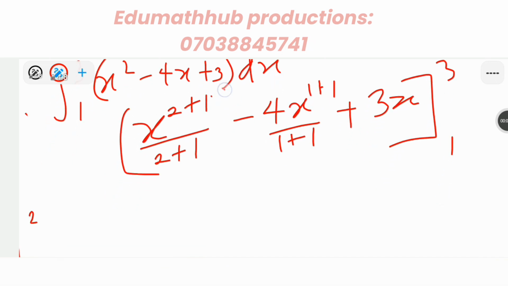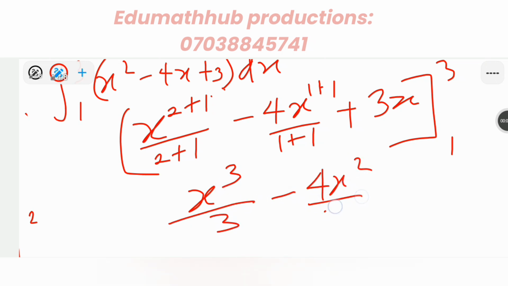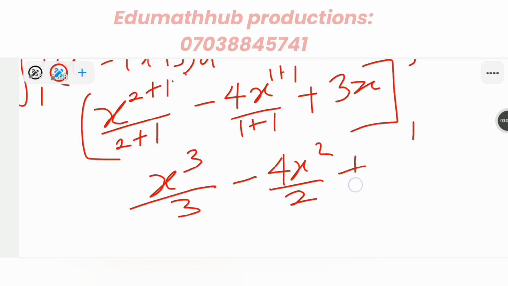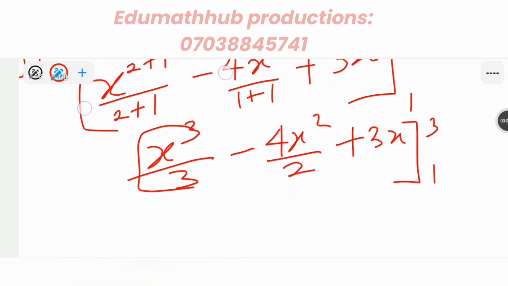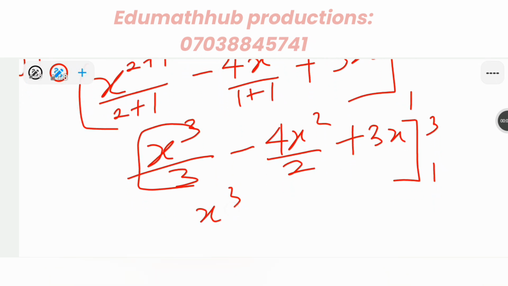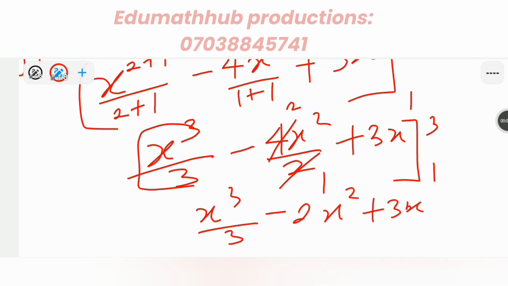Then 2 plus 1 is 3. Minus 4x squared over 2. So 4 over 2 is 2. So you have 2x squared plus 3x.